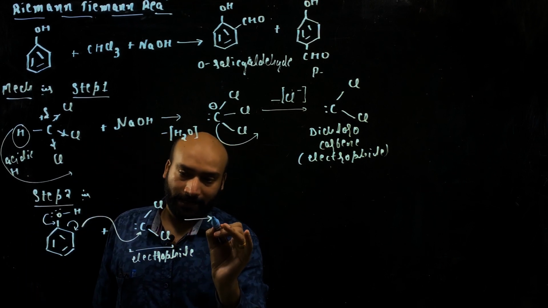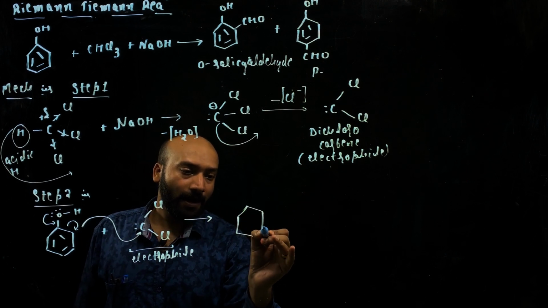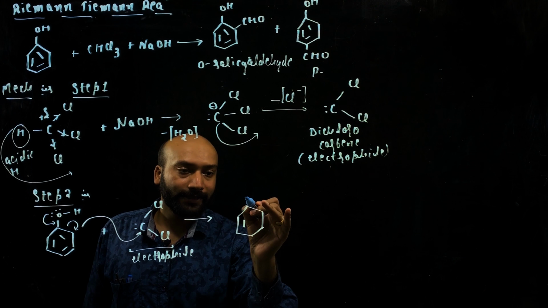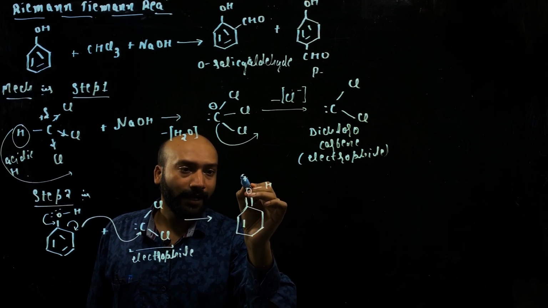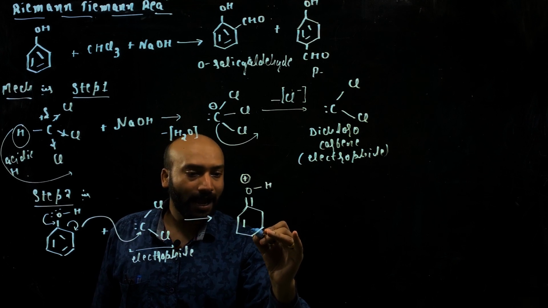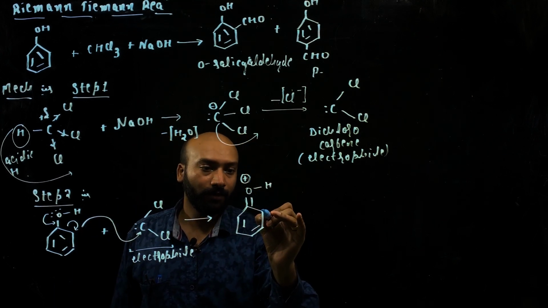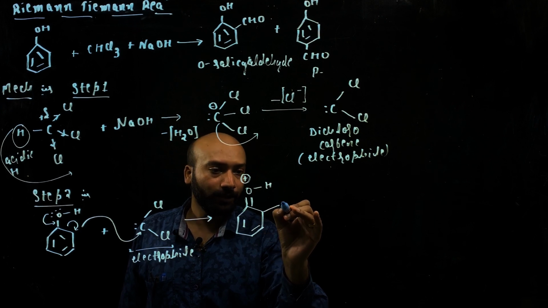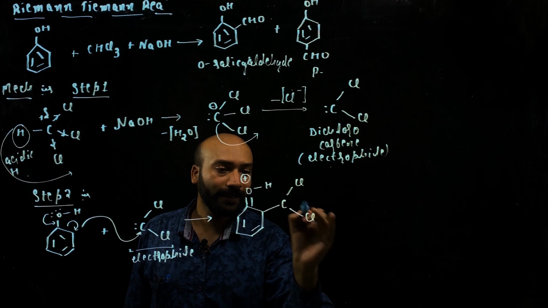In this step, oxygen acquires the positive charge, and there is a double bond. Now this bond is here, Cl is here and Cl is here.